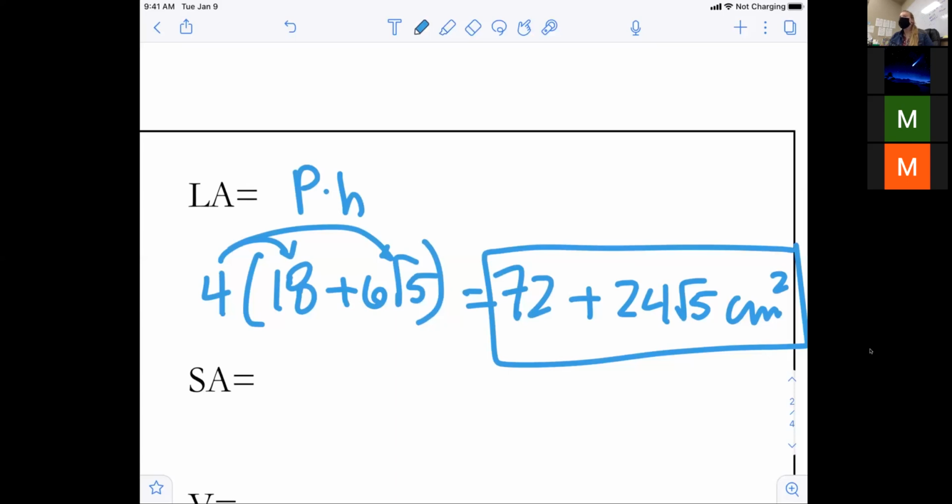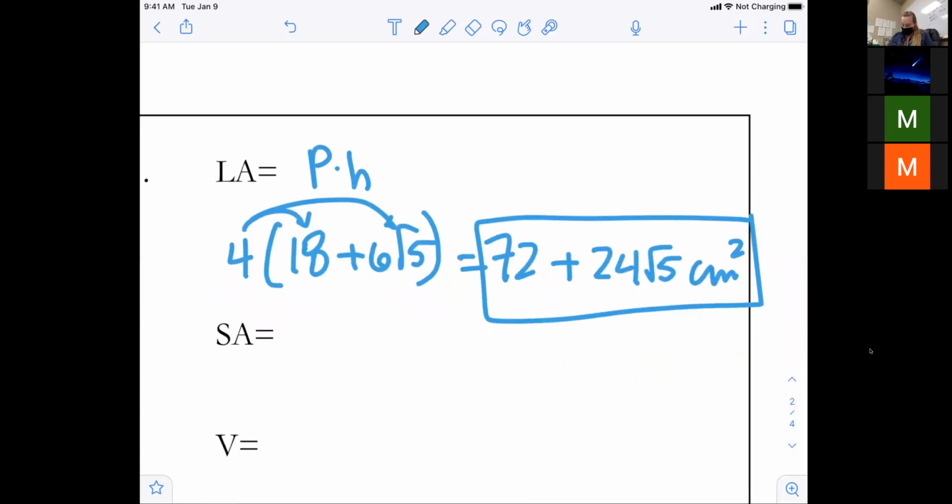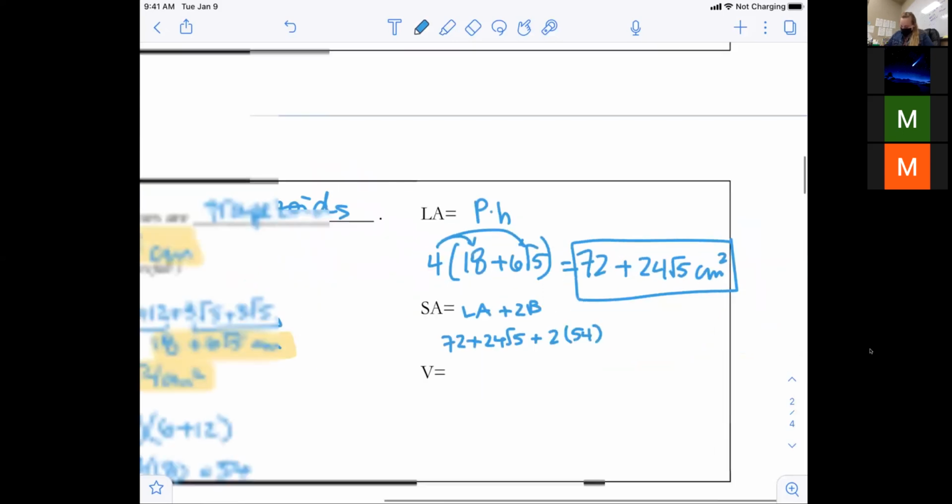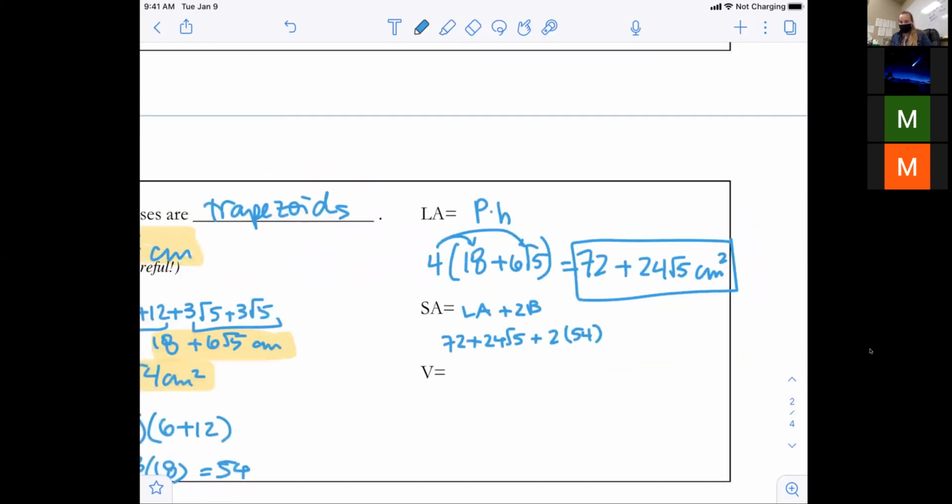Everyone okay? Did I mess that up yet? Okay. SA is going to be LA plus 2 times B. So it's going to be 72 plus 24 root 5 plus 2 times B, which was 54. Once I do 2 times 54, I'm going to be able to add that to my 72. All right, 2 times 54 is 108. 108 plus 72, I believe, is 180, right?